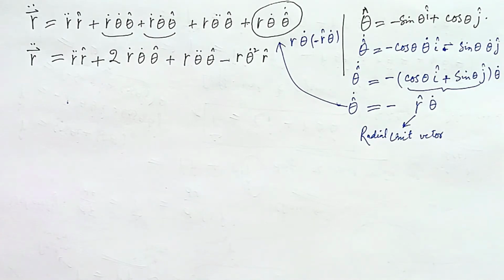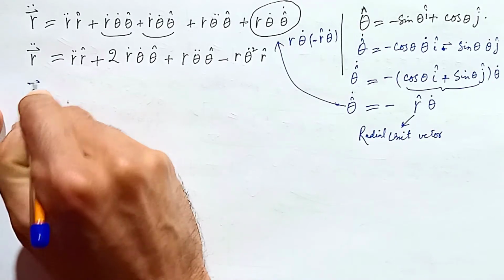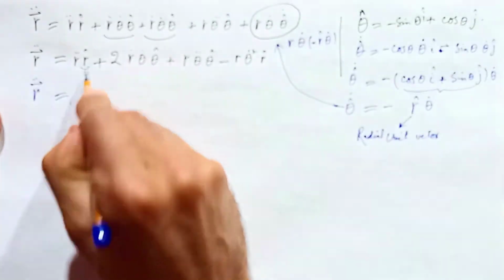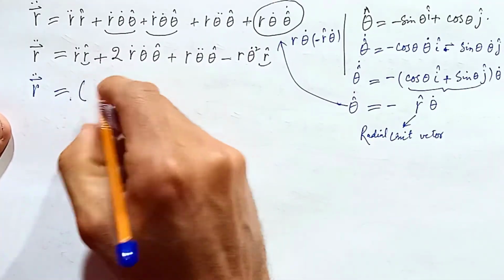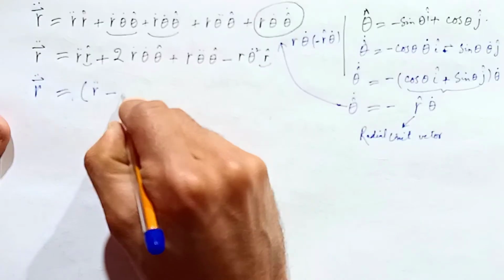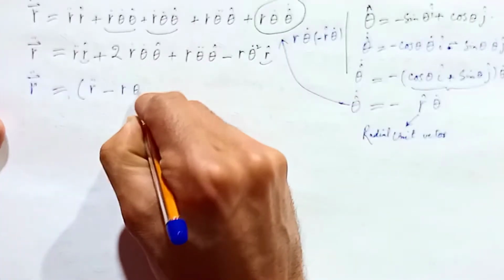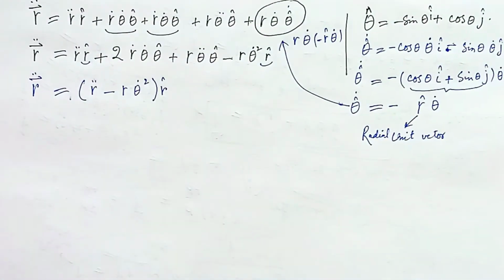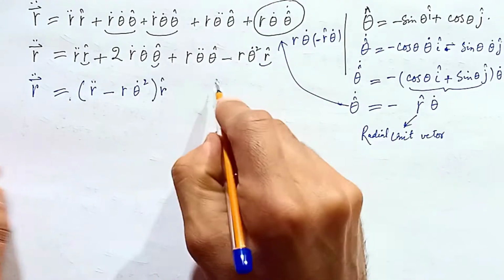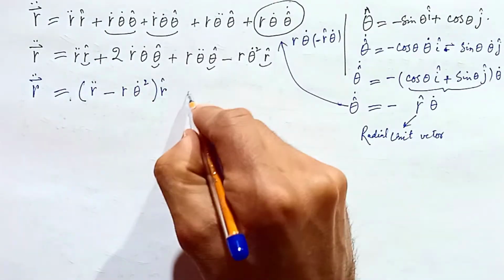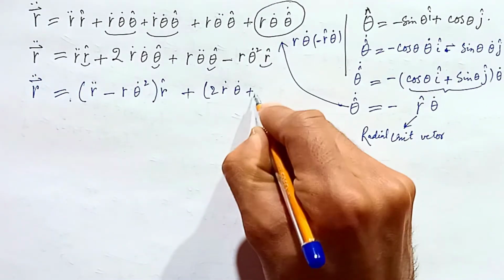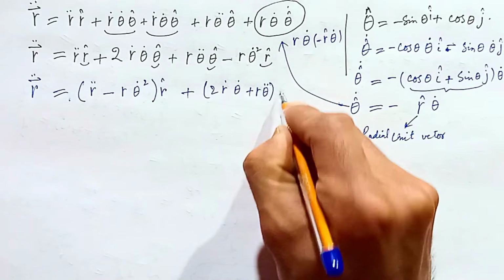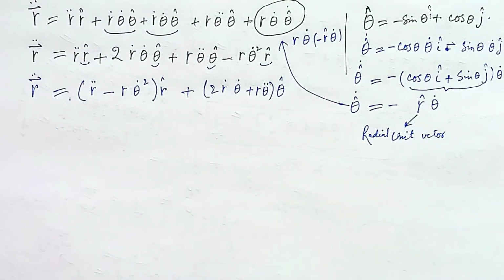We can furthermore rewrite it: keep the r component together, r double dot minus r theta dot square along the position unit vector r hat, and keep theta hat together, plus 2 r dot theta dot plus r theta double dot along theta hat.